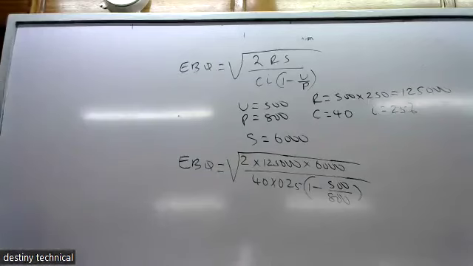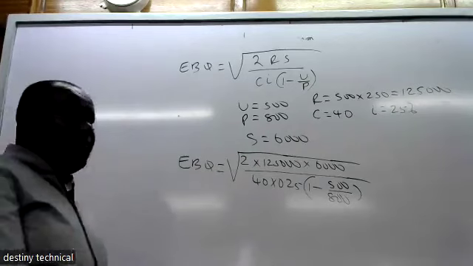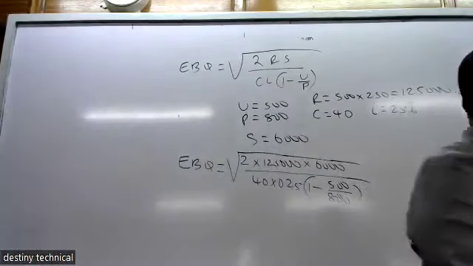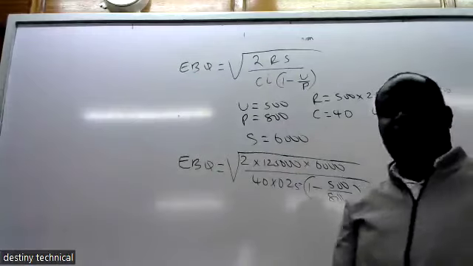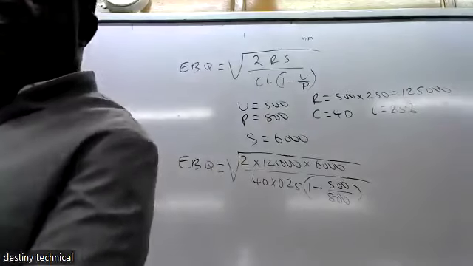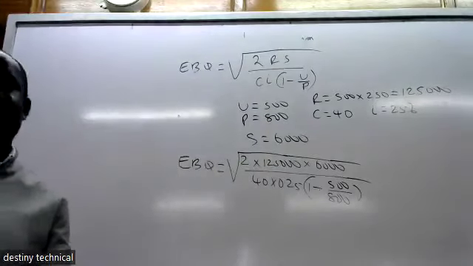So you give me that economic batch quantity. Others, which figure are you getting? You are getting 20.